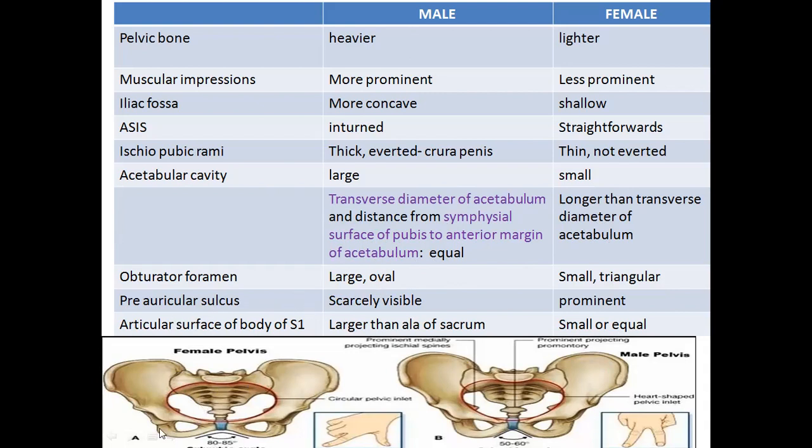The preauricular sulcus is at this point where I'm showing the arrow; it is large and oval in males and small and triangular in females. The articular surface of the body of S1, the first sacral vertebra, is larger than the ala of the sacrum in males, and smaller or equal in females.